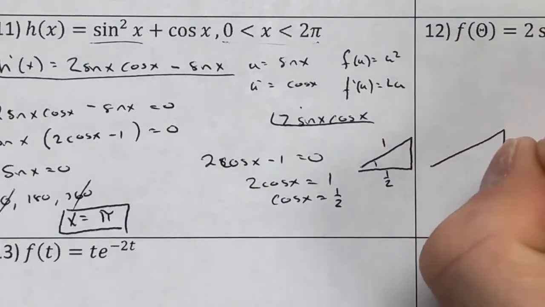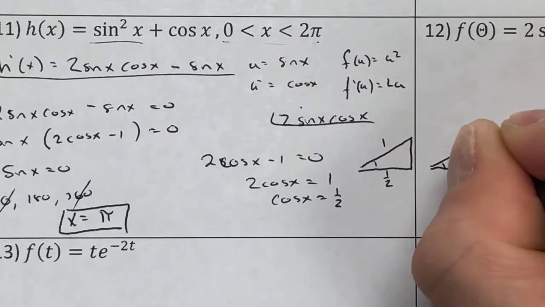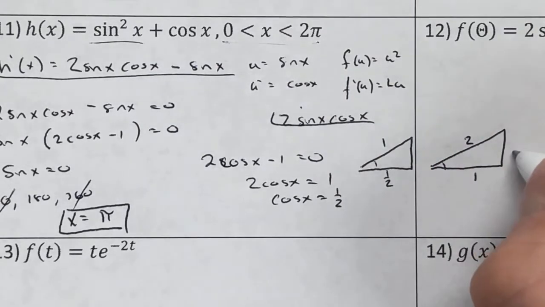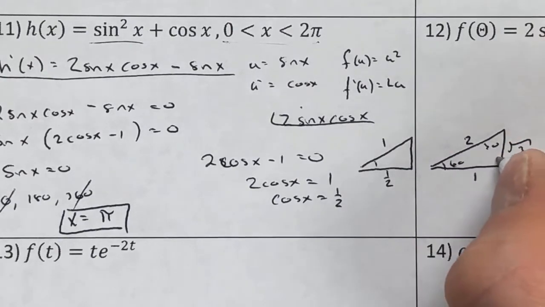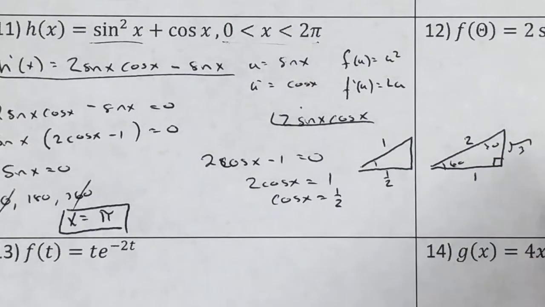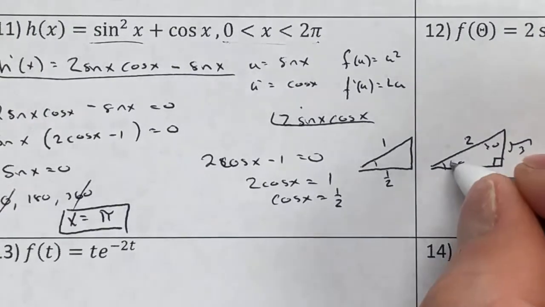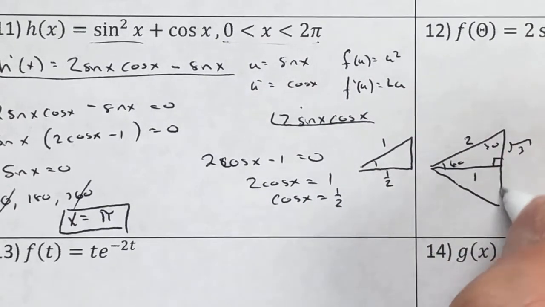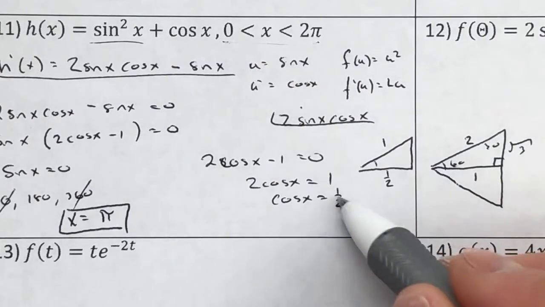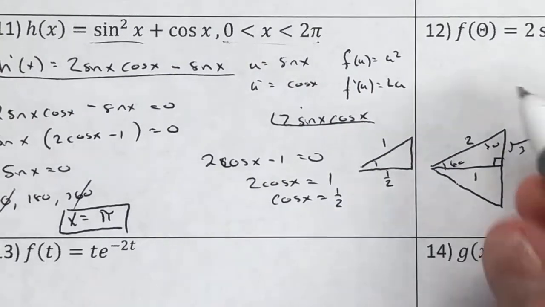So the cosine of whatever angle is 1 over 2, which is 1, 2, square root of 3. That is a 30, 60, 90 triangle. Not necessarily drawn to scale, but you get the idea. So that means it's either a positive 60 or a negative 60. Those are the only times cosine is positive. If it was on the other side, it'd be negative.